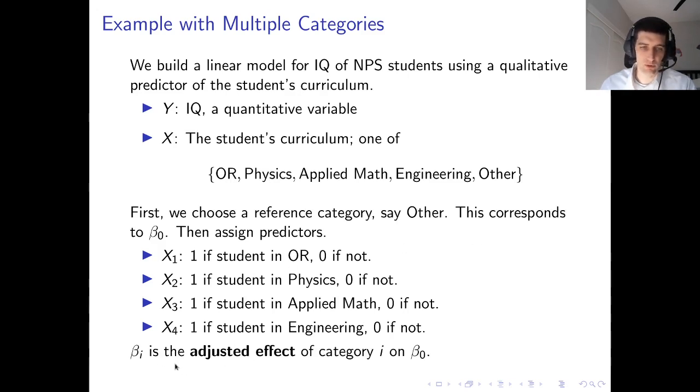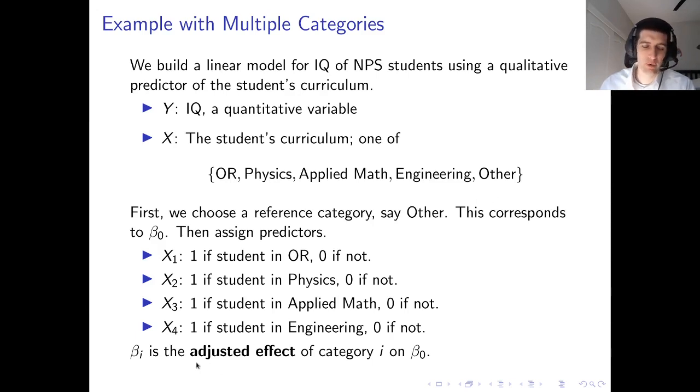Another bit of language: you could say contrast, you can also say the adjusted effect. So the contrast is the adjusted effect of category i on beta 0. That is, what's the adjusted effect of the engineering curriculum on the other curriculum.